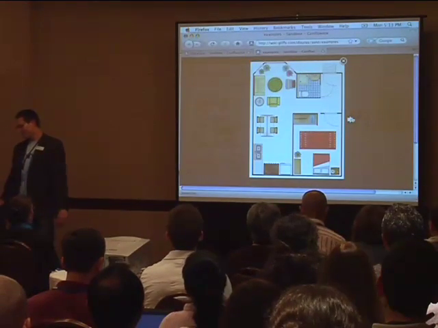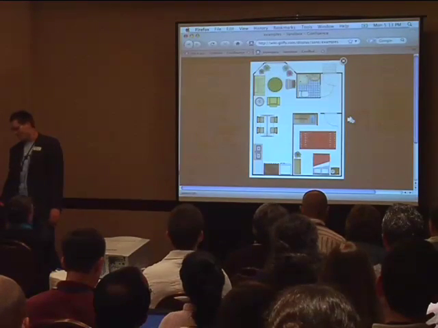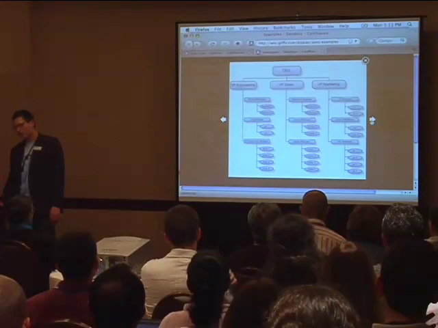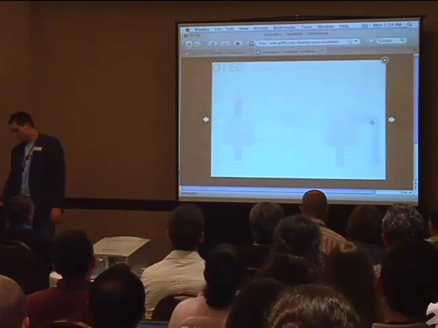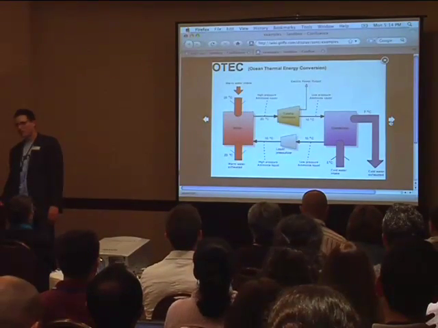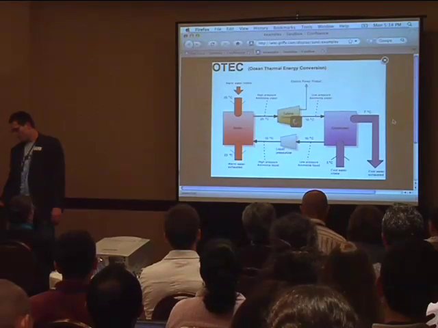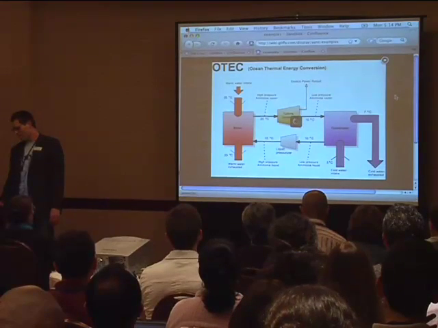Okay, so here is a floor plan that we built out. Here's an org chart. Here's a technical diagram. You might have seen this in the keynote this morning. And this is a big one.